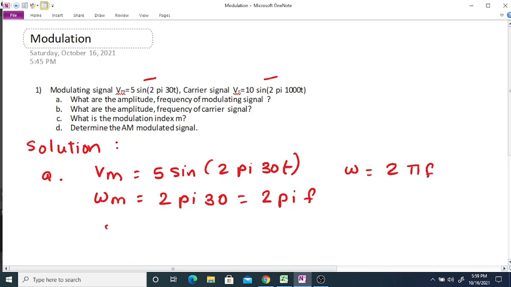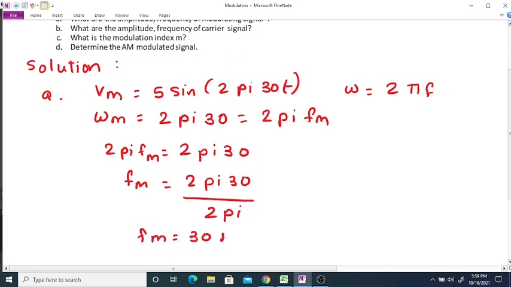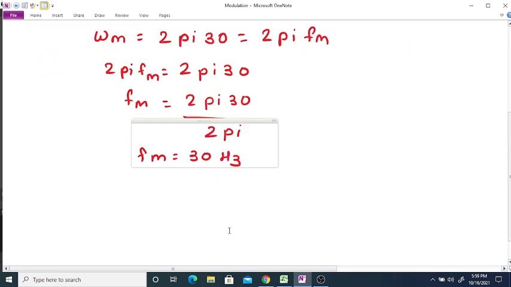So, if we equate 2 pi f with 2 pi 30, here we will get f, we will denote it by fm, which is equal to 2 pi 30 divided by 2 pi. So, fm will be equal to 30 hertz. So, this is the frequency of the modulating signal.